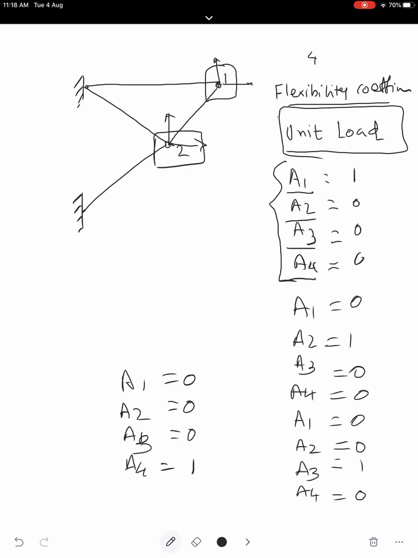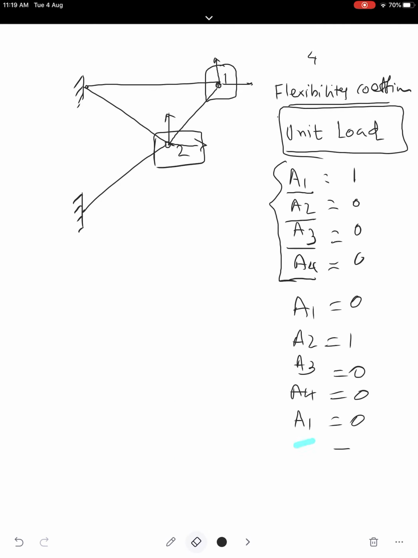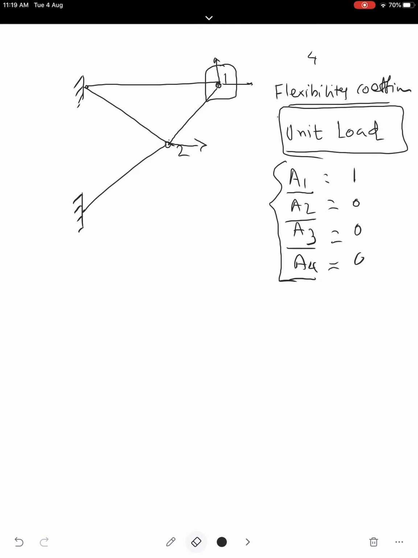So what I am suggesting is, now we will apply 1 by 1 the first case, that is the horizontal load should be unit. So what I do is remove everything now, just apply unit load here in this direction, unit value.